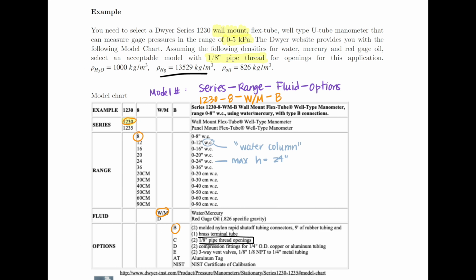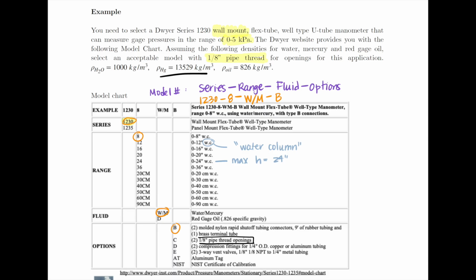And so on the website, we basically have a chart that will help us figure out what part number or model number we need. This chart will give us a few different options. So I'm going to just write down the system.